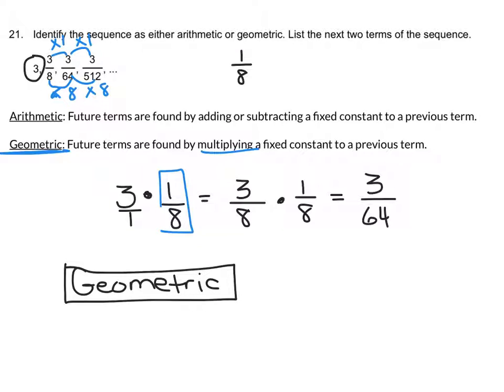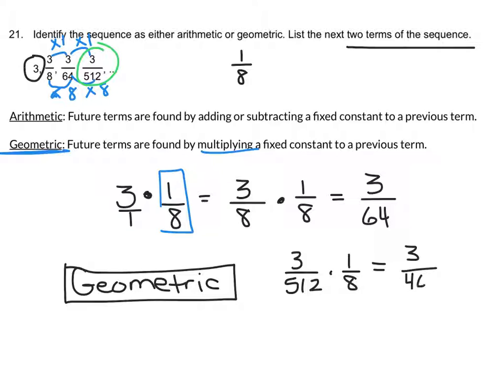Now I want to find the next two terms of the sequence. So I'll take my last term that I'm given, which is 3 over 512, and I need to multiply that by 1/8. So 3 times 1 is 3, and then 512 times 8 is 4,096.